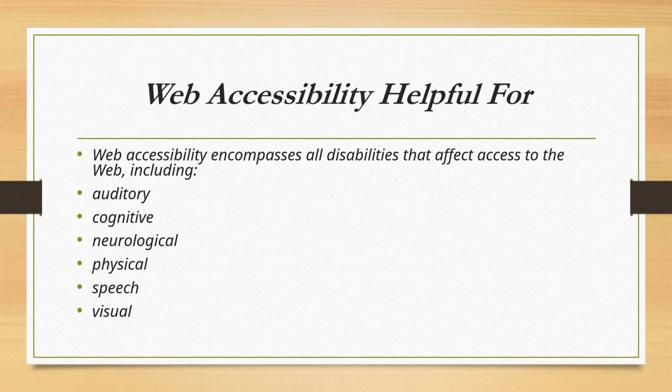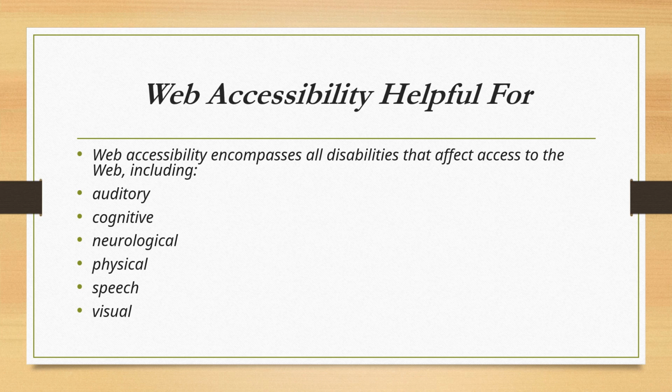Here is a list, though it is not listing all the users: web accessibility encompasses all disabilities that affect access to the web, including auditory, cognitive, neurological, physical, speech, and visual.